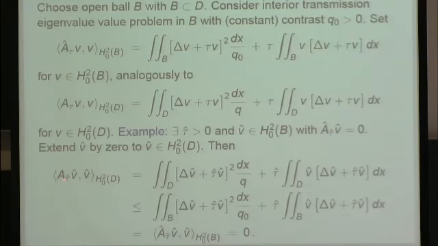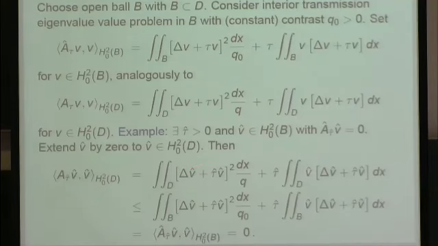Then you look at that form and substitute this tau hat and this extended version of v hat. Then you get that. I just copied this with this. But this is positive, and q can be estimated from below by Q0. So you have this inequality here, and this does not depend on that.